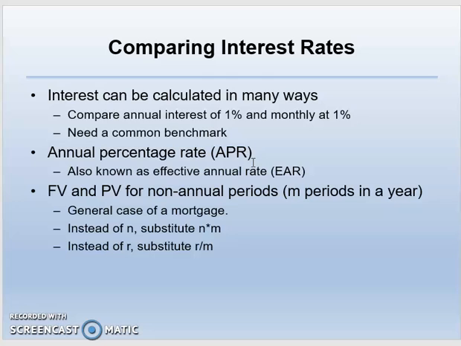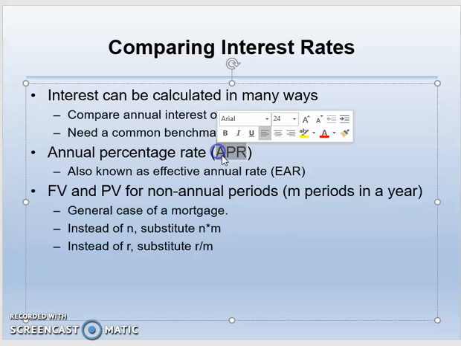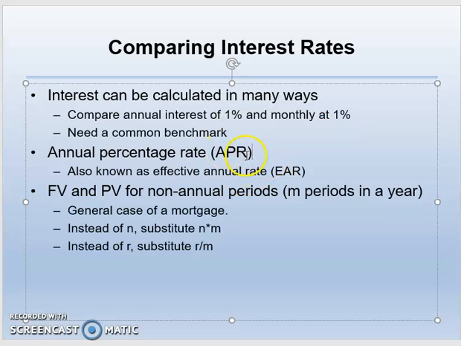How do I compare 20% a week with 20% a year or 100% a year? So what banks and institutions are required to do is show you the annual percentage rate. Even if it's a monthly rate, they have to tell you what it is on an annual rate so that you can compare. I already talked about this.